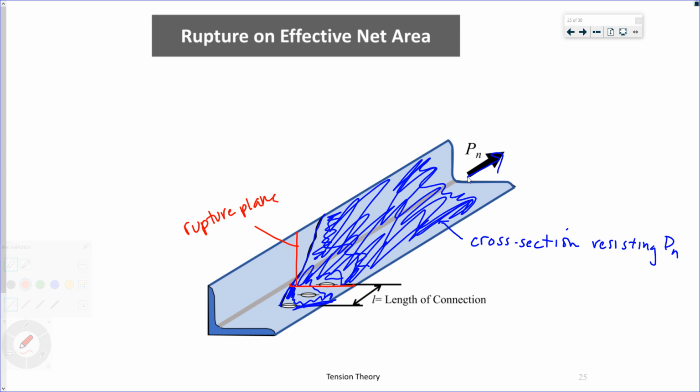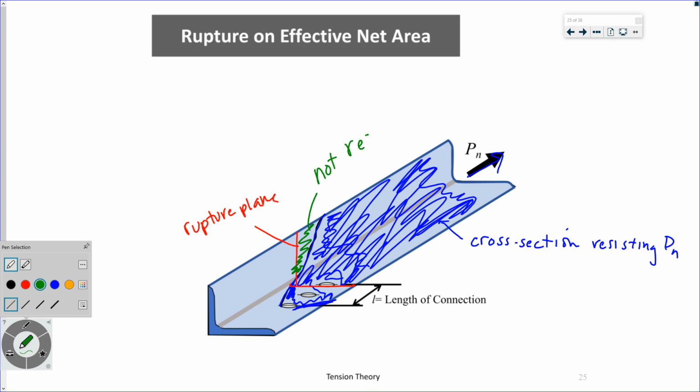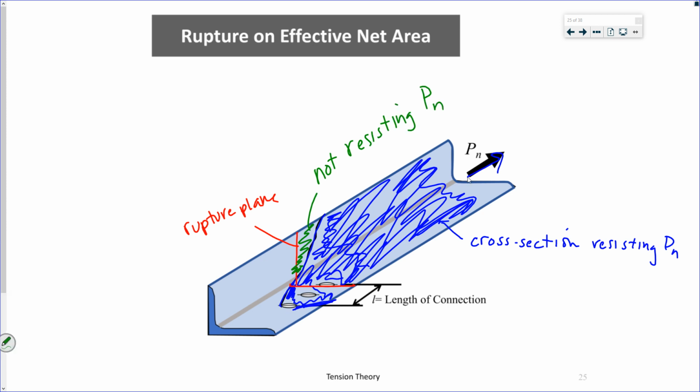This little portion up here is not resisting. So I don't get to use my entire cross-sectional area, even subtracting out the bolt holes. I don't get to use all of that when I'm calculating my effective area in my rupture limit state.